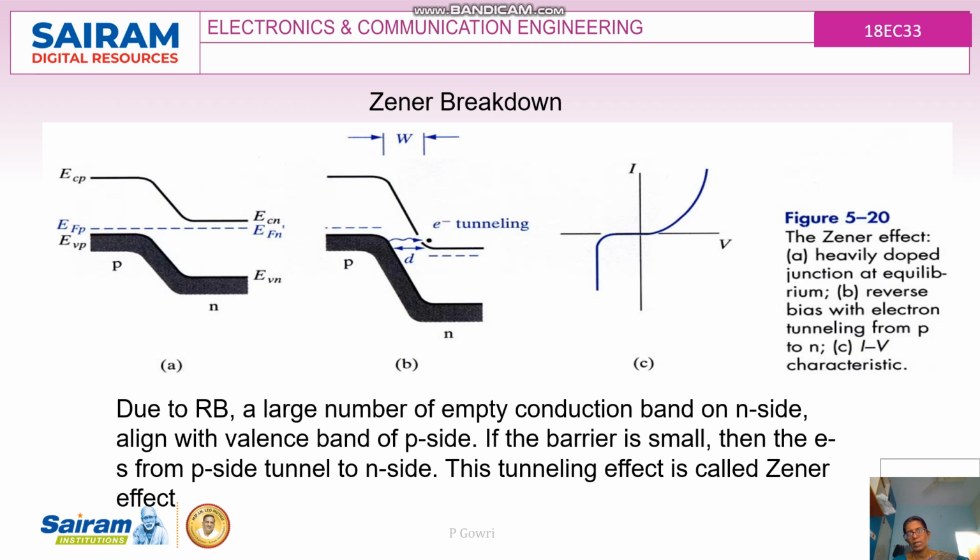So when there is heavy doping, we know that our breakdown voltage is inversely proportional to the doping concentration.